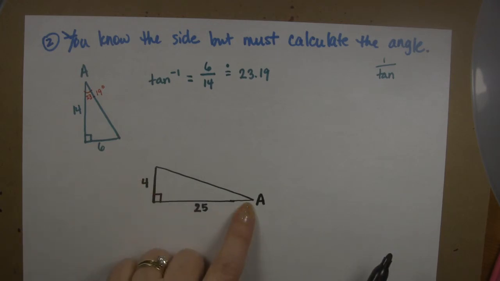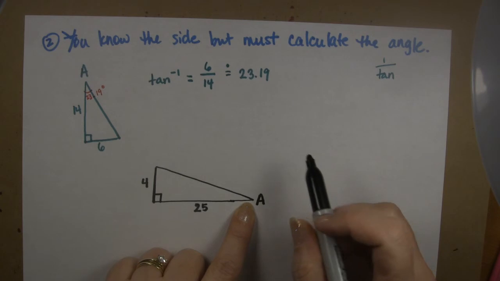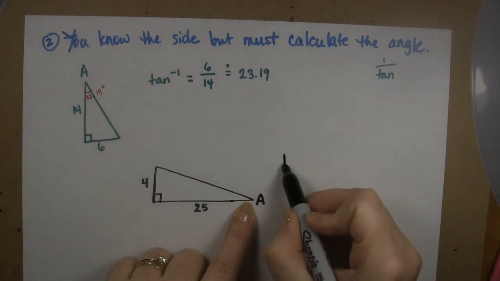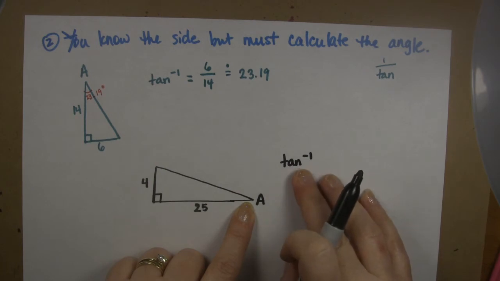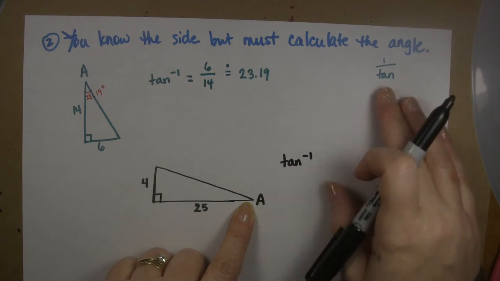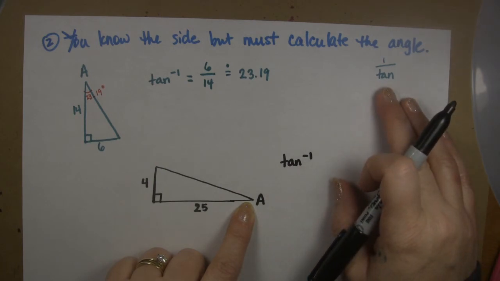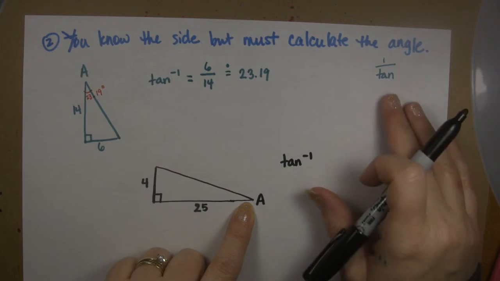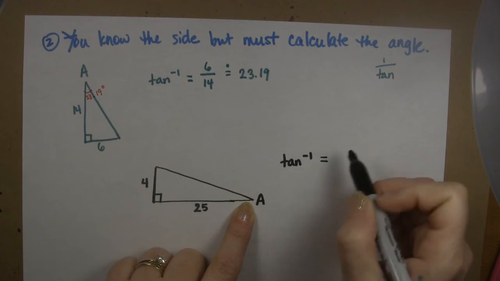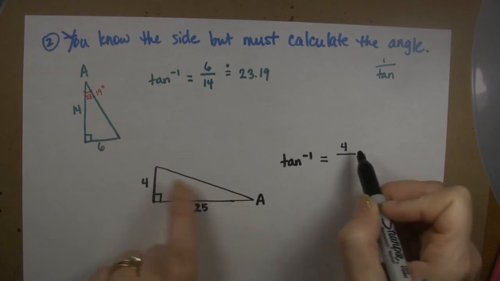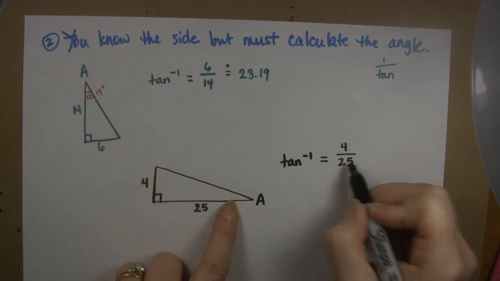We need to calculate the A. So when we're calculating the angle, we use the inverse tan function, which again is either written tan to the -1 or 1 over tan. So you find that button on your calculator and you say, all right, that is going to equal 4 opposite over 25.